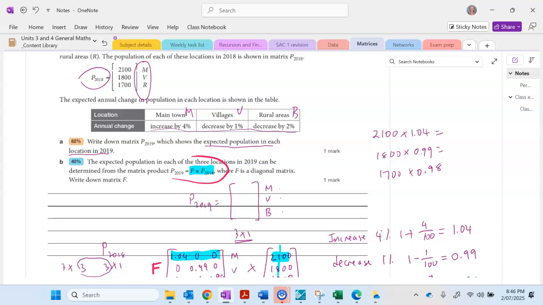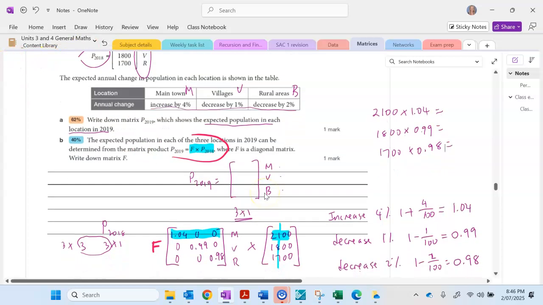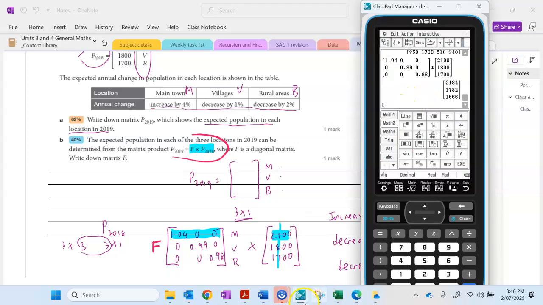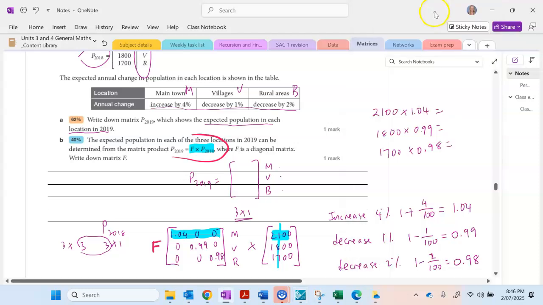All right, didn't have to be a matrix, so you can just do it like that as well. Probably better to do it like that because it does ask for the expected population, so we shouldn't be leaving it as a matrix anyway. So when we do that on the calculator, we would get the same as this. I'll just show you with the first one, 2,100 times 1.04. All right, we get 2,184, and so on.